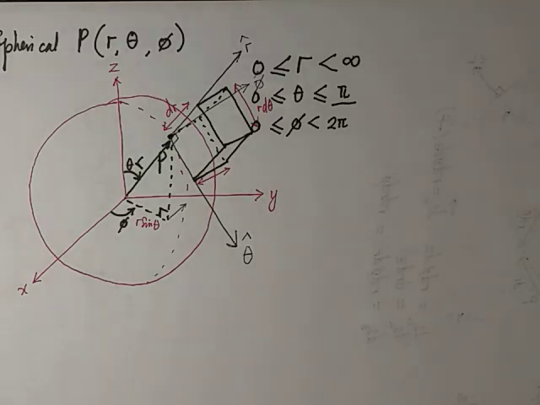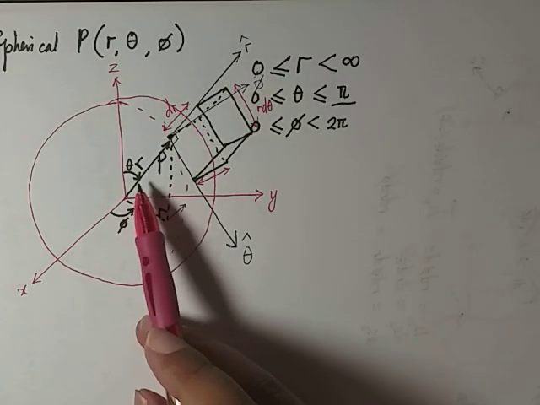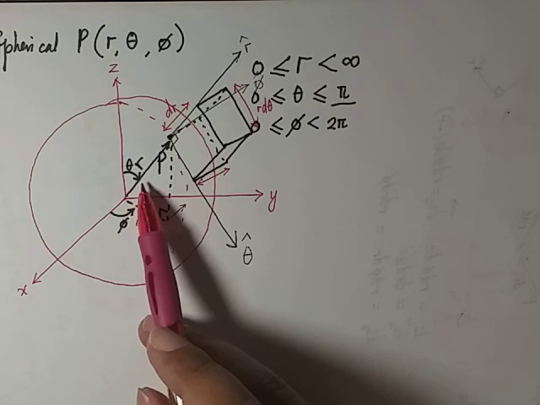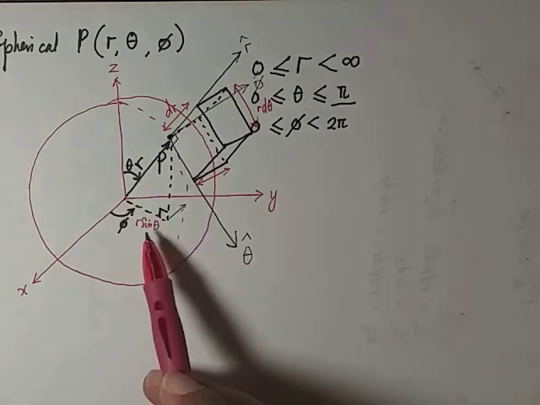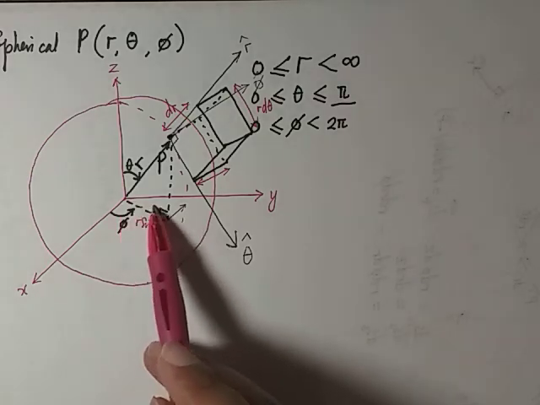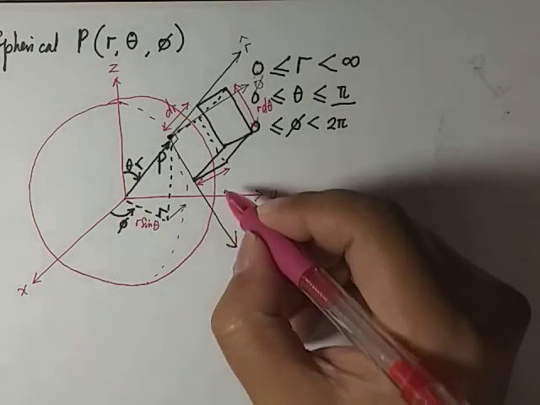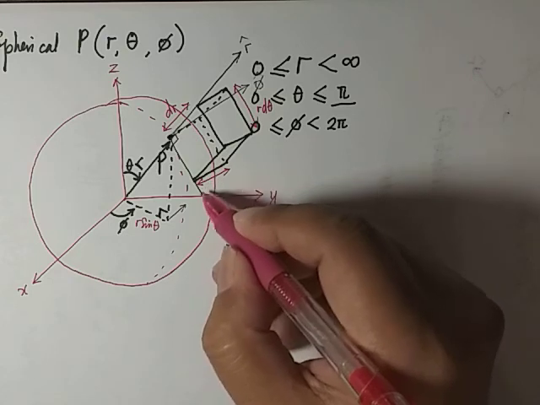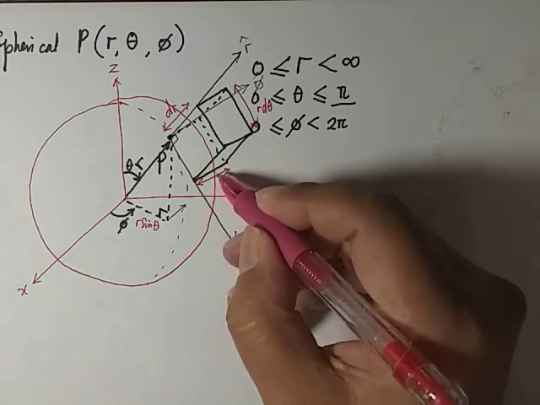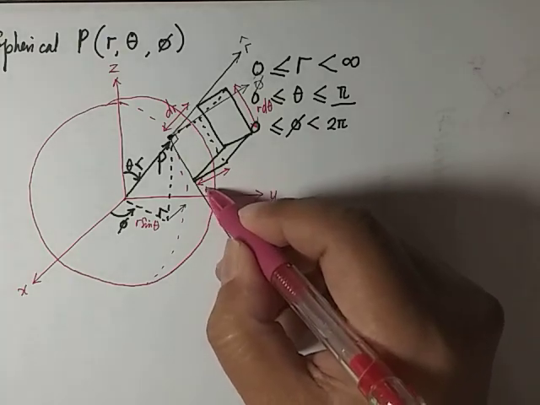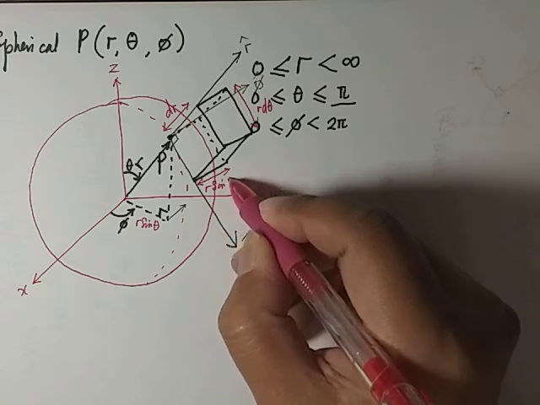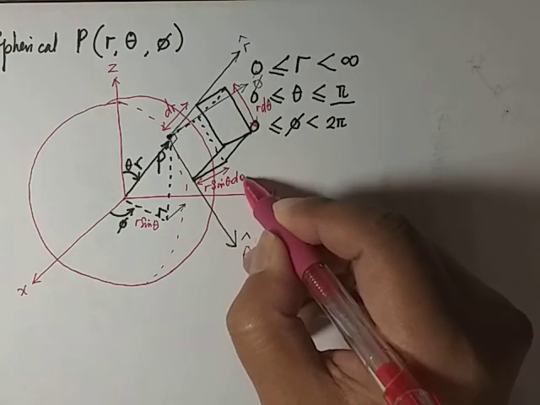So the length on the xy plane of the r is now going to be the projection length, and we're going to define that to be r sine theta. And the change of angle here is d phi, therefore the actual length here, the radius multiplied by the change of angle, should be r sine theta d phi.